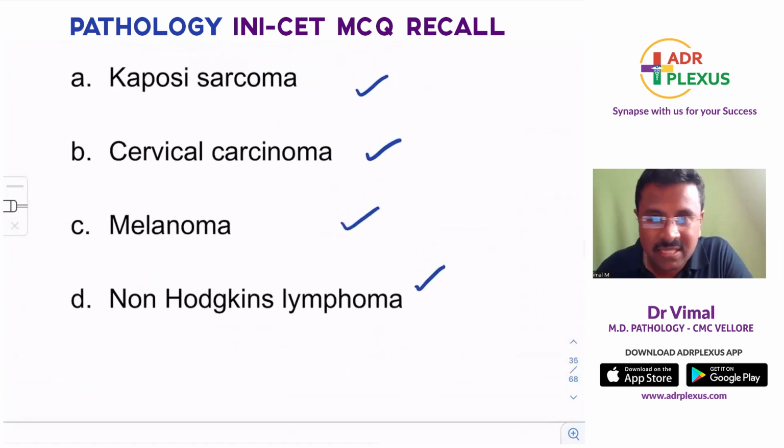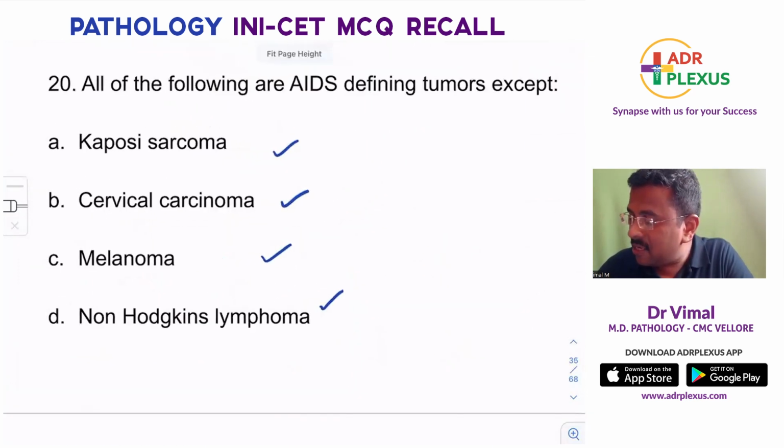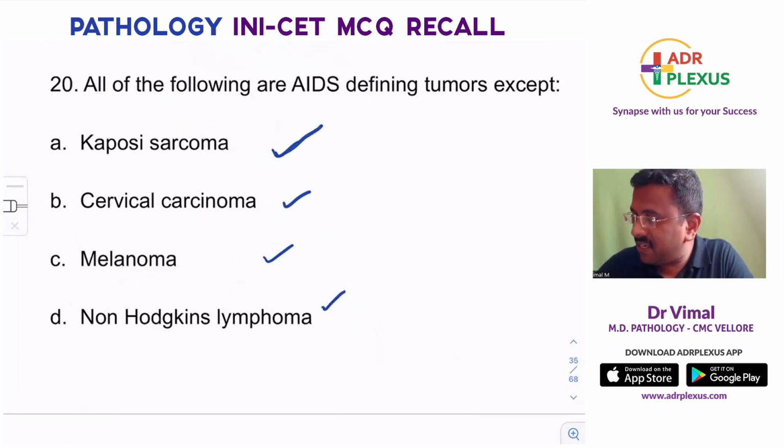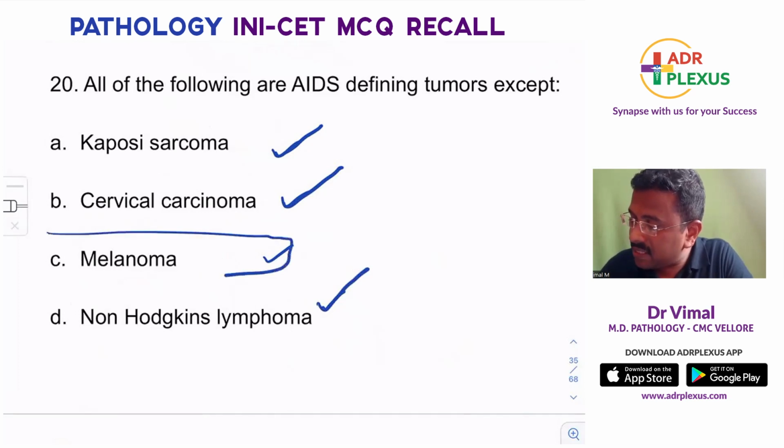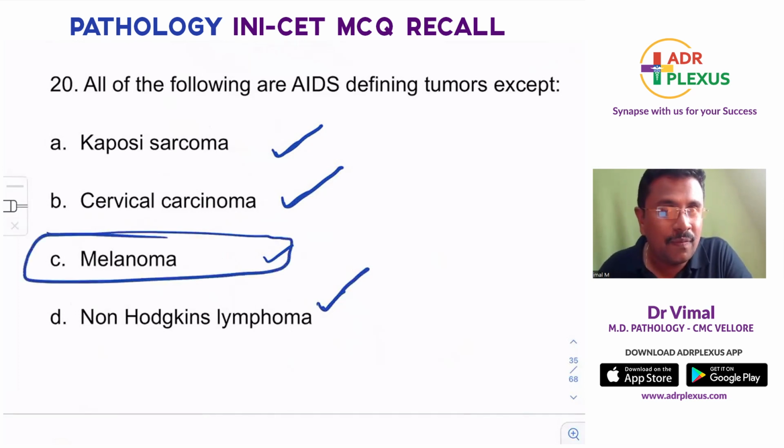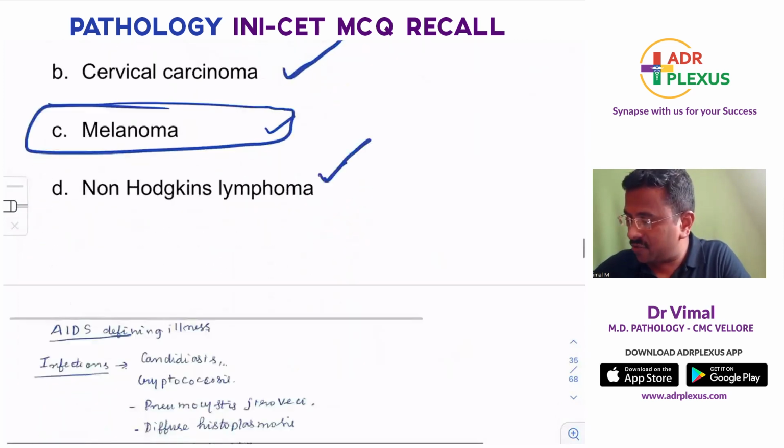Kaposi sarcoma, cervical carcinoma, and non-Hodgkin's lymphoma are AIDS-defining tumors, but melanoma is the odd man out. So melanoma is not an AIDS-defining tumor, and this is the answer we have to choose.